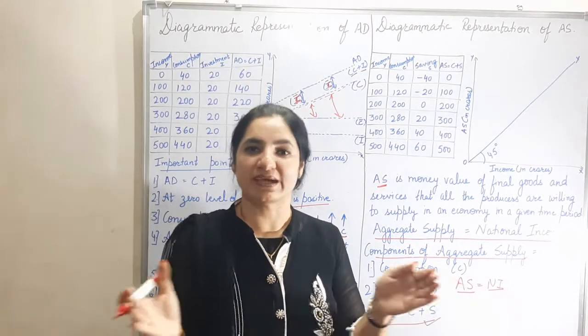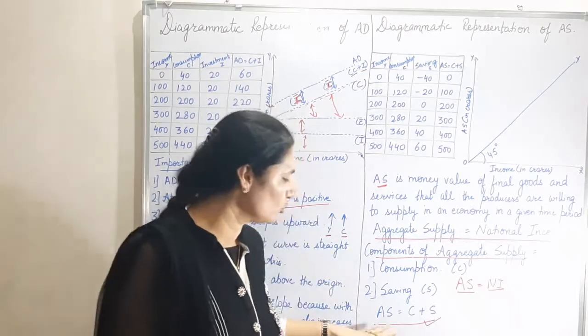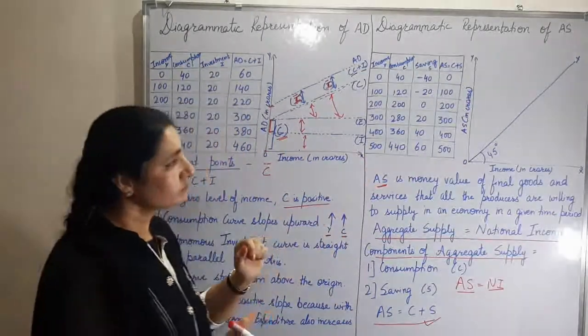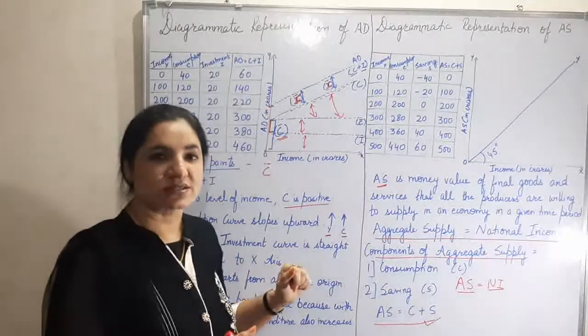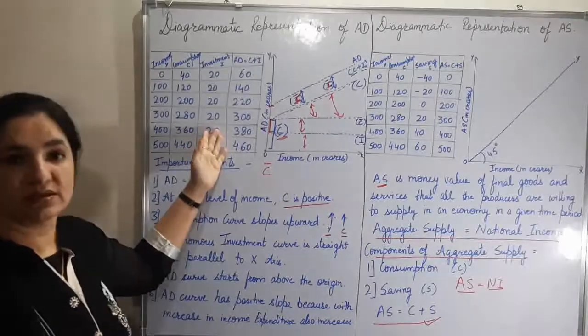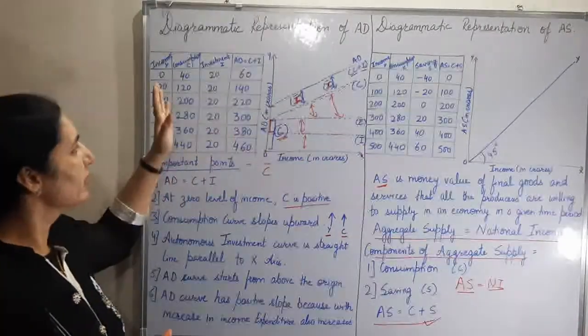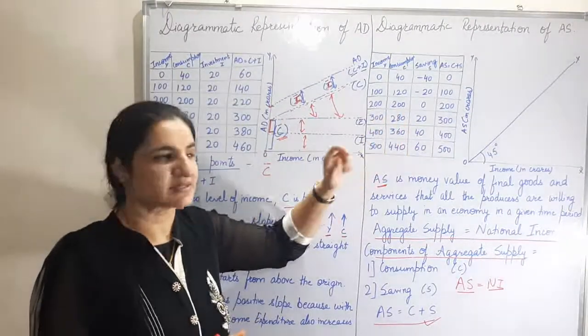And when we aggregate all this for all the sectors of the economy, it will come to aggregate supply. So now let us see the table and the diagrammatic presentation of AS. It has direct concern with AD. So I have tried to carry forward this table over here for the sake of simplicity.